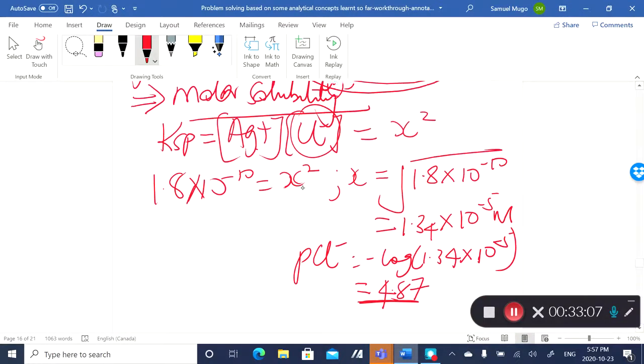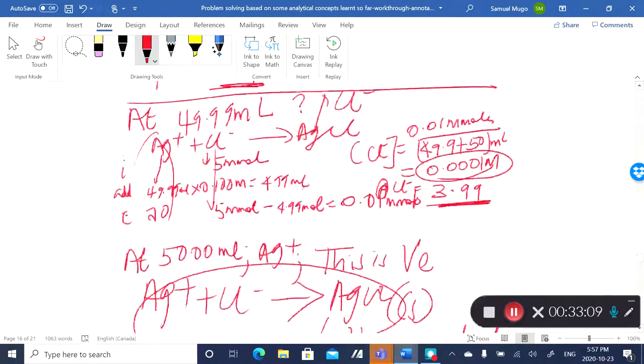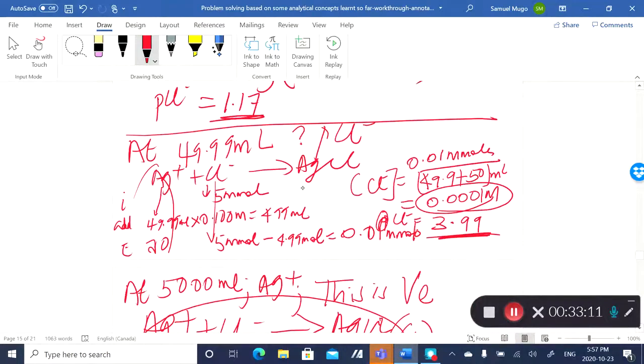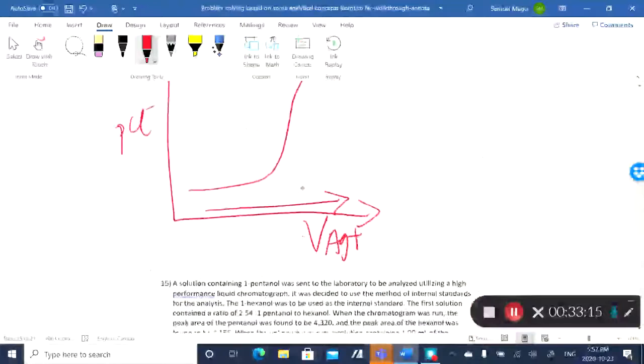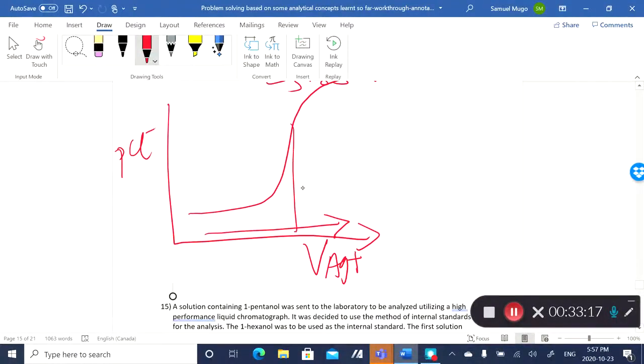And so you're going to see your situation is like this, this being the equivalence volume, the midpoint of your inflection being the equivalence volume, which is 50 mL.